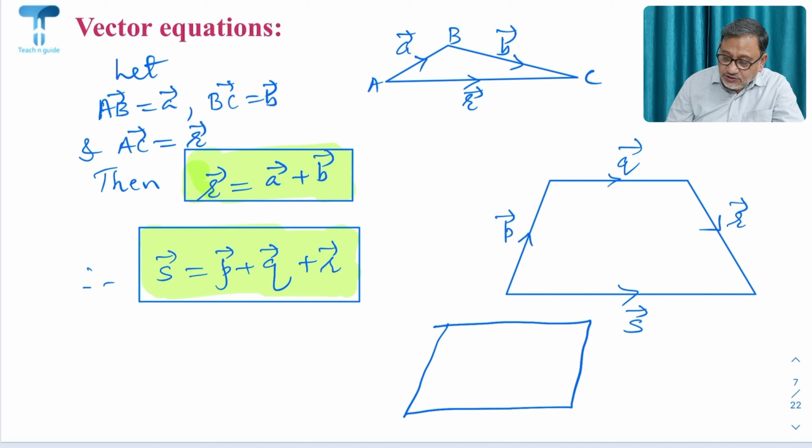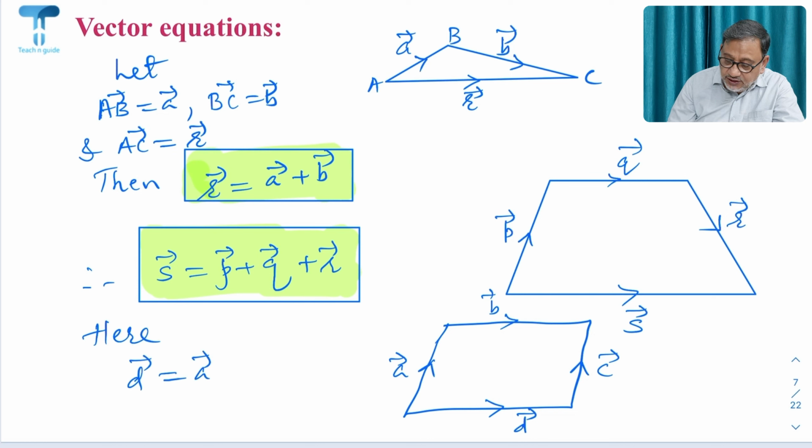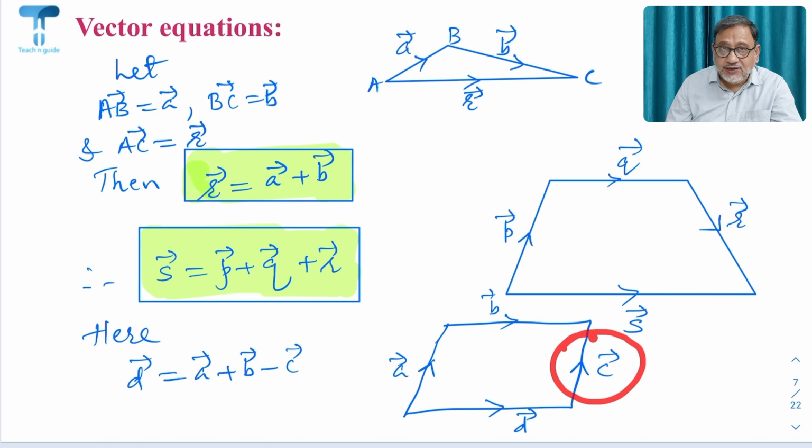Suppose here is vector A, here is vector B, and here in the opposite direction I will take vector C, and this will be vector D. Now I can write vector D is equal to vector A plus vector B minus vector C, because I am taking the negative of this vector, then only I can add them, isn't it? So where A ends, B starts, where B ends, C is not starting.